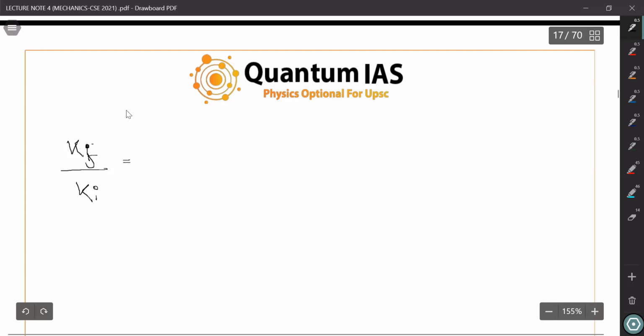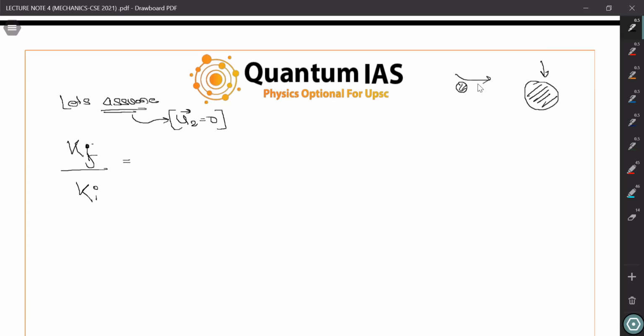For simplicity, let's assume u2 as 0, because in most of the cases when we are studying collision, one atom or one object is kept at rest and another one is bombarded on it, right? So this is the most useful case, or you can say the most general case.